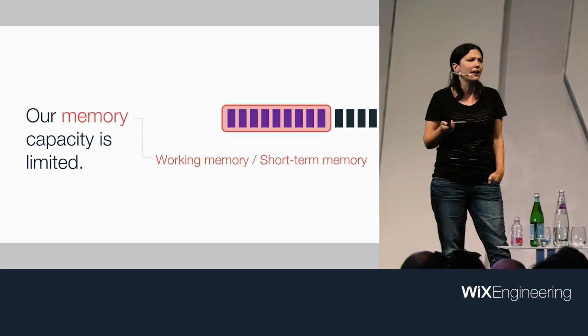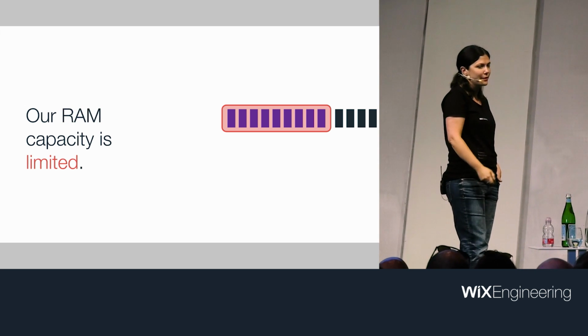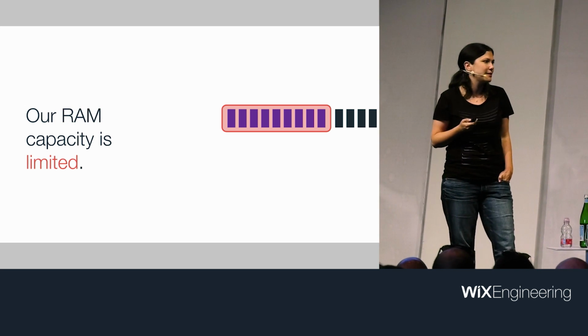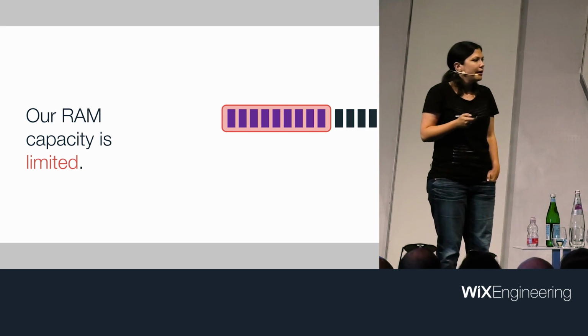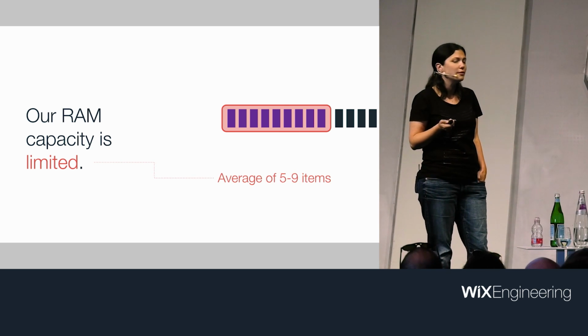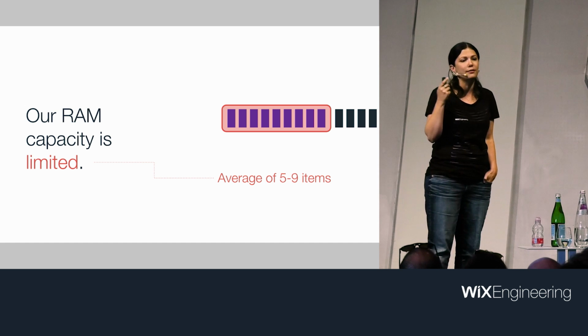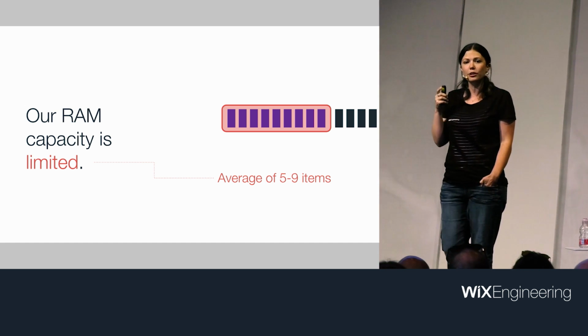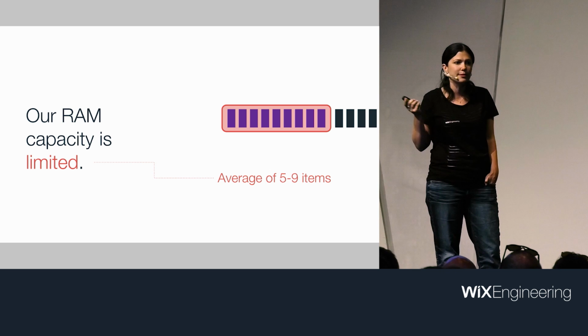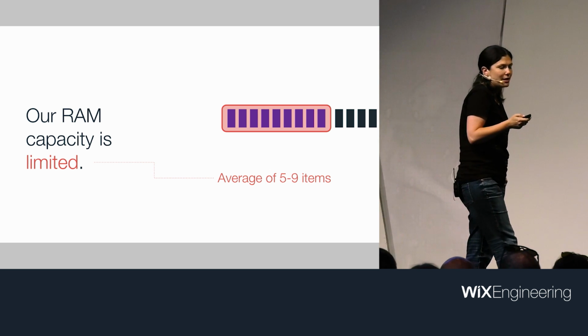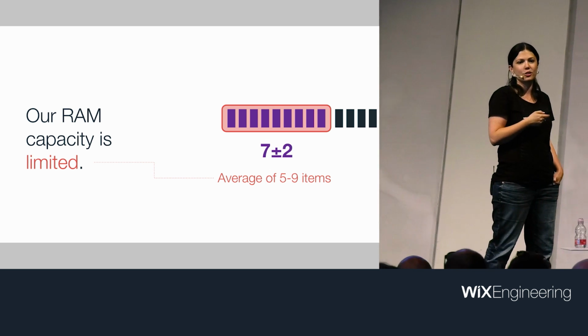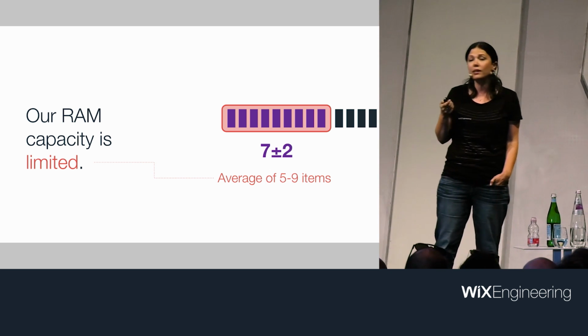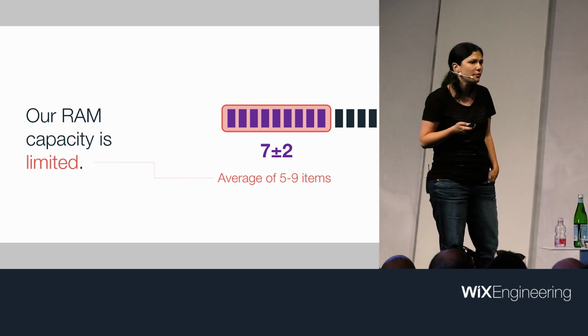You can think of it as our RAM, if you will. So our RAM capacity is limited. In fact, research has shown that most people can store in their working memory an average between 5 to 9 items at any given time. This has been introduced in psychology as the magical number 7 plus minus 2.